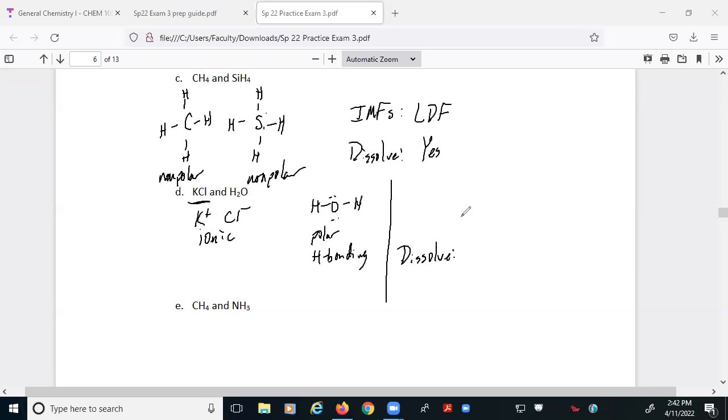Will these two substances dissolve in each other? Yes, they will.